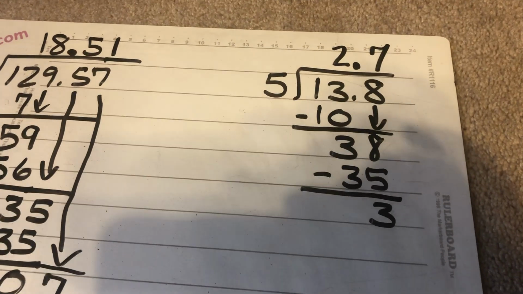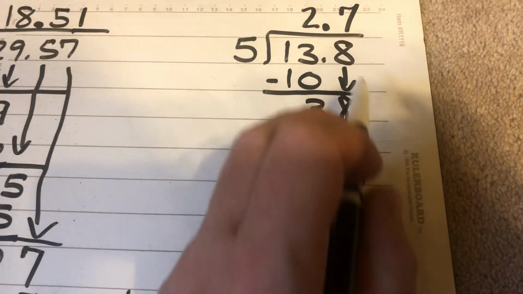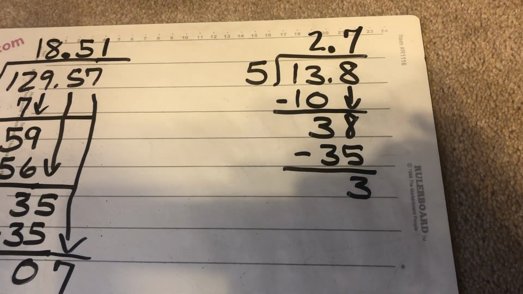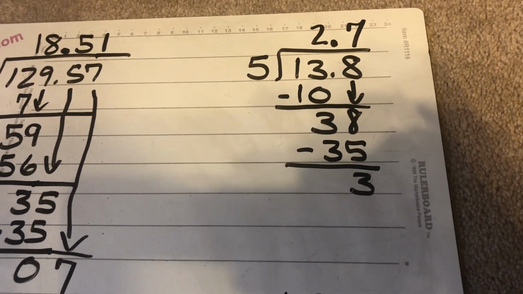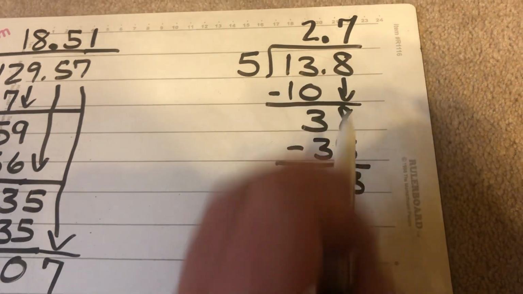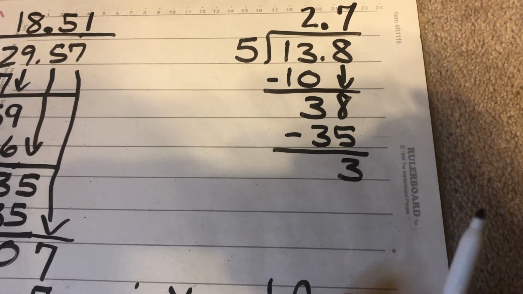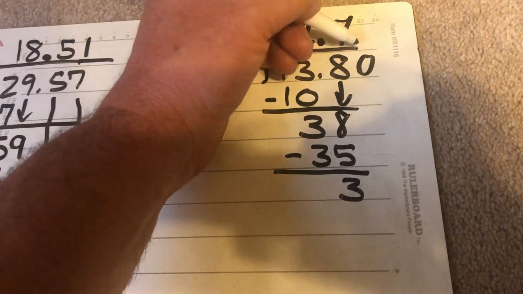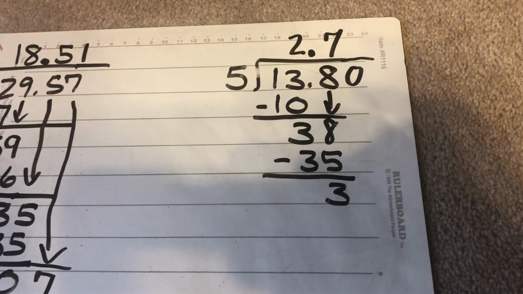Now here's a situation we haven't encountered yet, that we actually end up with a remainder with nothing left to bring down. When you're doing decimal division, you're not going to end up with remainders. Okay, we don't have 2.7 or 2 7/10 remainder 3. That is not what you do. Do not do that. What we do is we add a 0, because when we add zeros onto decimal numbers, we don't change the value.